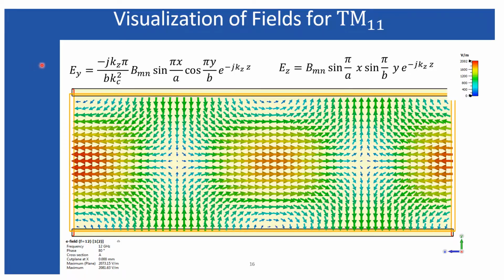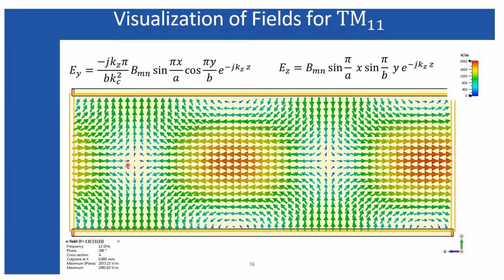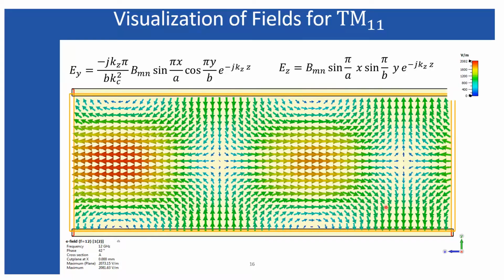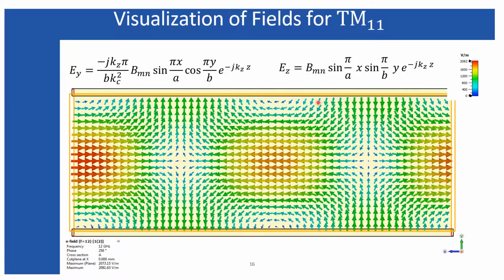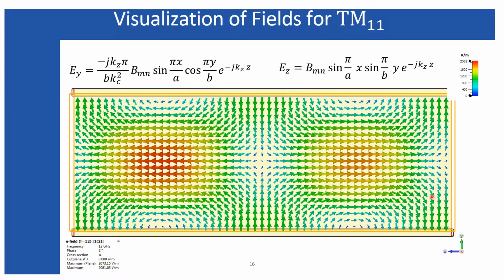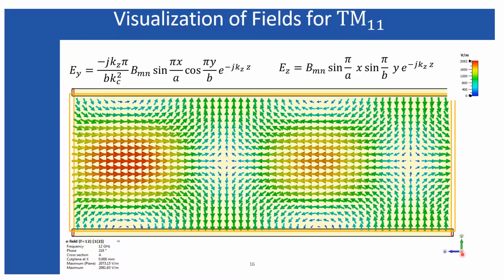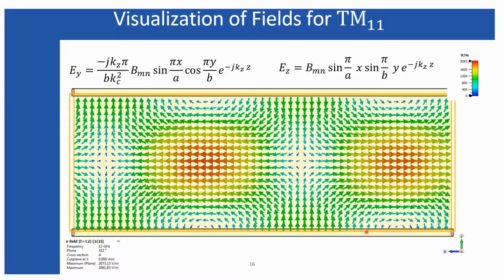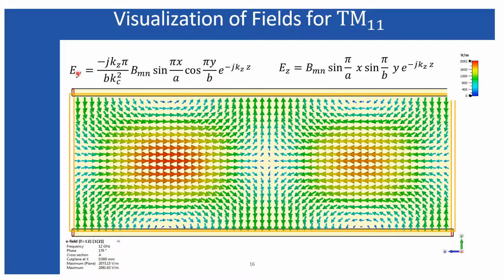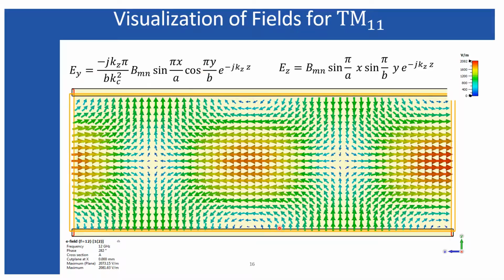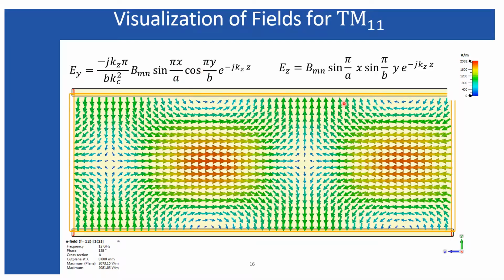Now the visualization includes the y component and the z component. So this plane is the yz plane having the surface normal towards you, that is, along the x direction. Since this is the yz plane, from this coordinate system we can see that y equals 0 is this one, and y equals b is this one. For y equals 0, the ey component is 1 due to this cos factor, and at y equals b, this goes to minus 1.